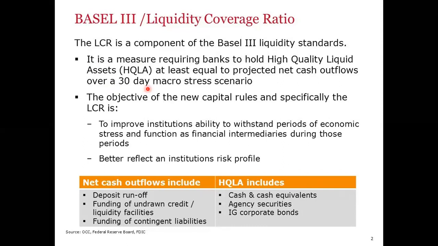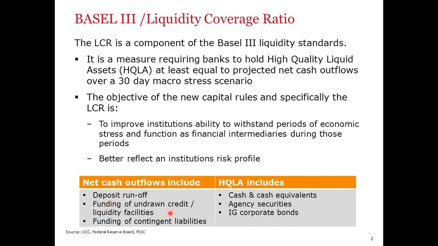The objective of the new capital rules, specifically the liquidity coverage ratio, is to improve institutions' ability to withstand periods of economic stress and function as financial intermediaries during those periods, and better reflect the institution's risk profile.